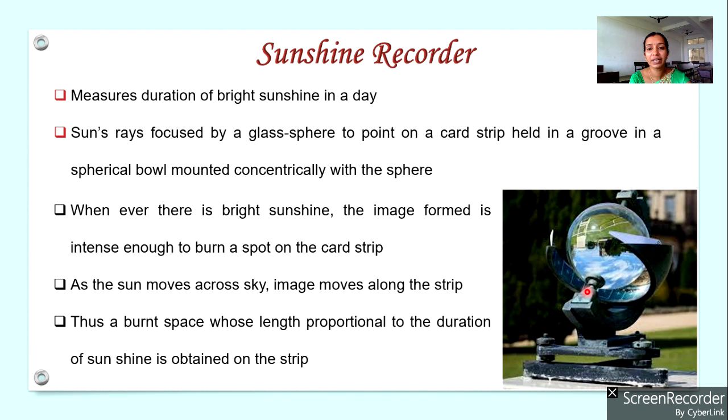So this is how a sunshine recorder looks. It will be having a glass sphere, and concentric with this glass sphere there will be a hemispherical bowl. So this is the hemispherical bowl. On this hemispherical bowl we will place a card, and on the card there will be markings.